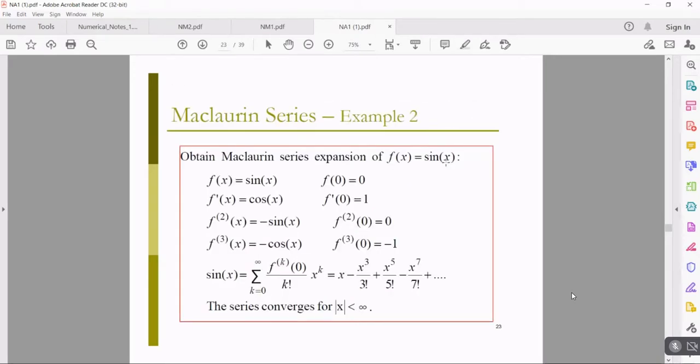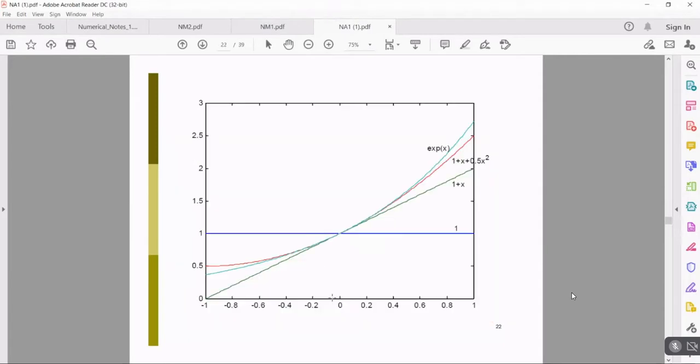Similarly for sin x, in the similar way you can calculate the Maclaurin series. The Maclaurin series for sin x is this one. Here again the radius of convergence is infinity, and here we will use it term by term.